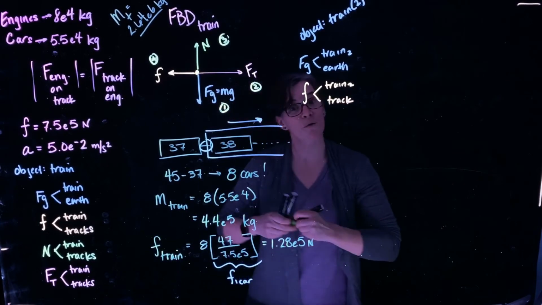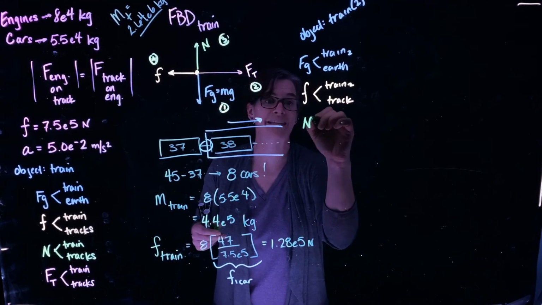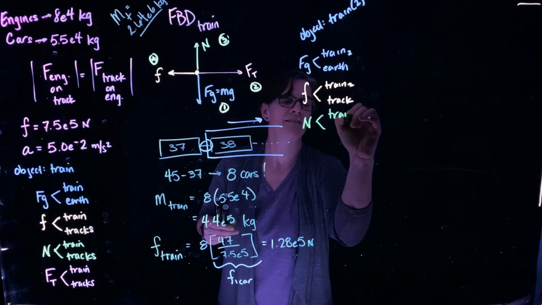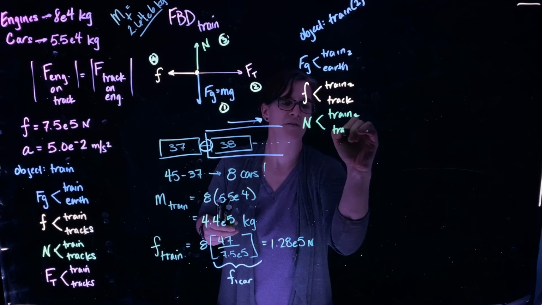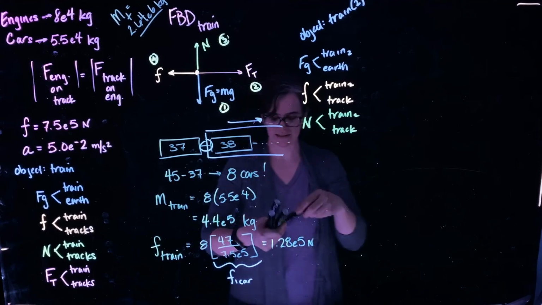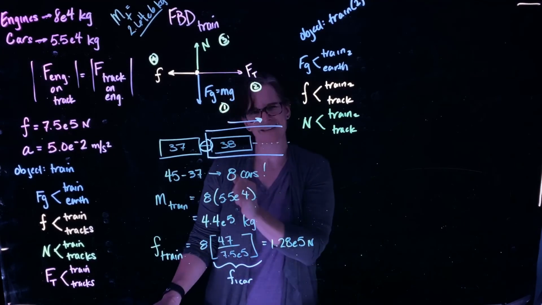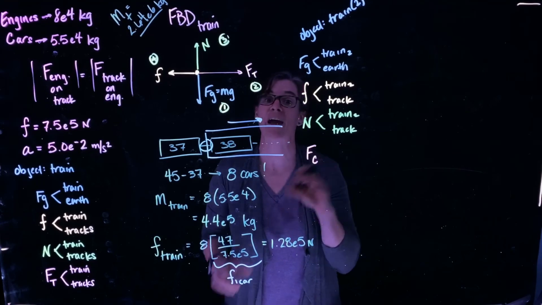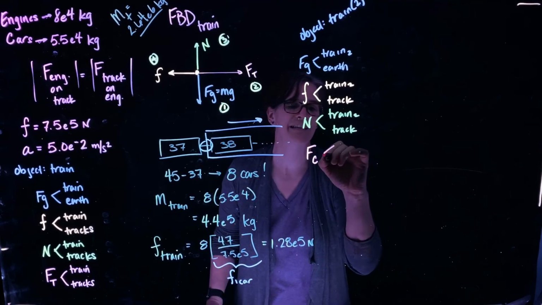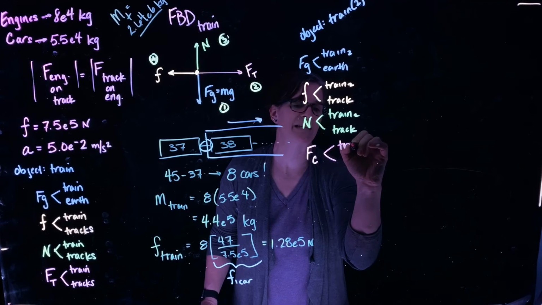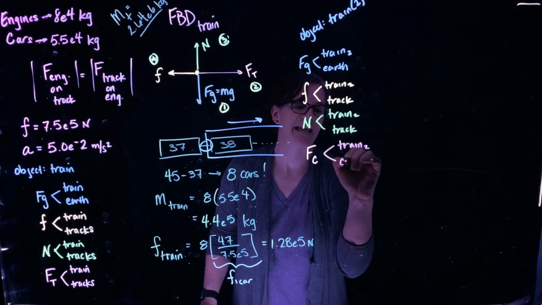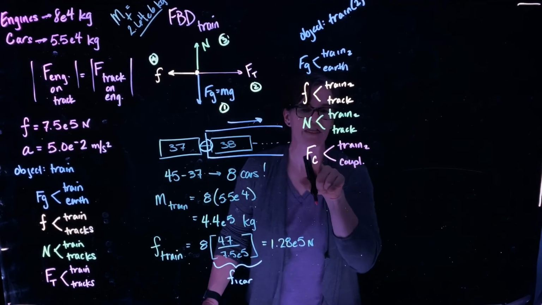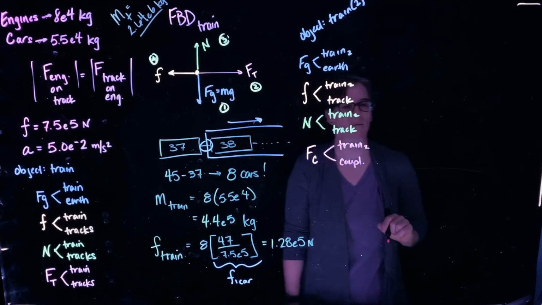We know that there's a normal force, that train sub 2 is sitting on that track, and so we're going to call it the normal force. And now here's where it's slightly different than our first problem. We have the force of the coupling interacting with that second half, so that is between train 2 and the coupling. That's the force we're interested in for this problem.